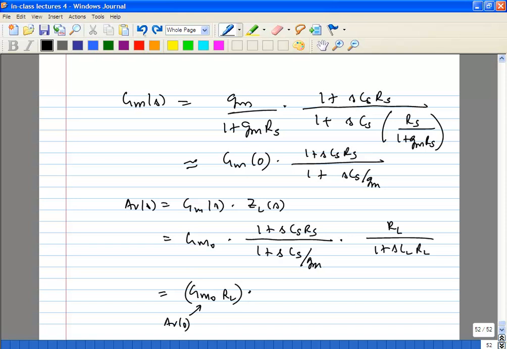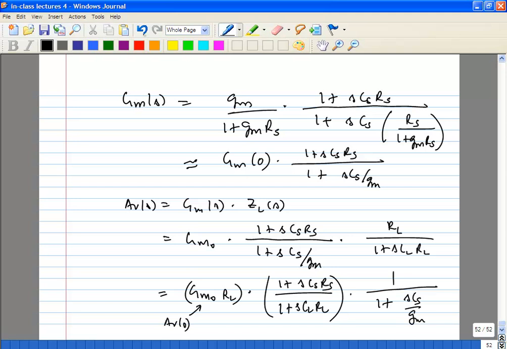Times, okay, so this is the pole and 0 you want to cancel, times, now once you cancel those two, this will become your dominant pole, SCS over GM.